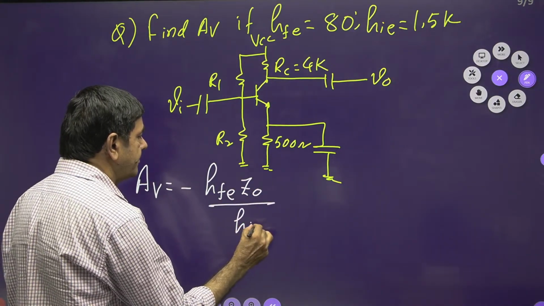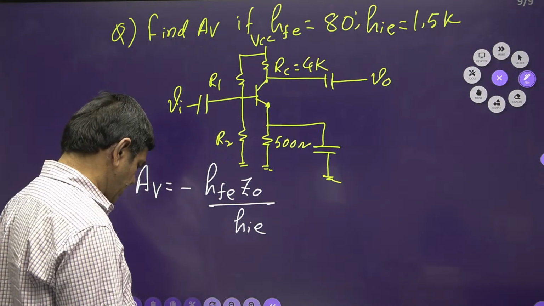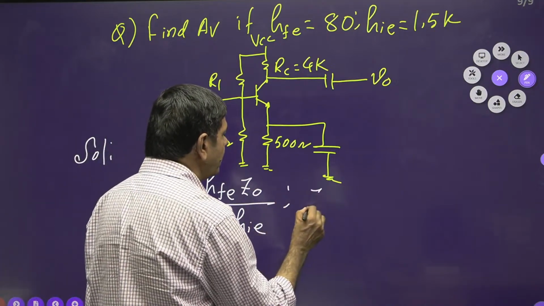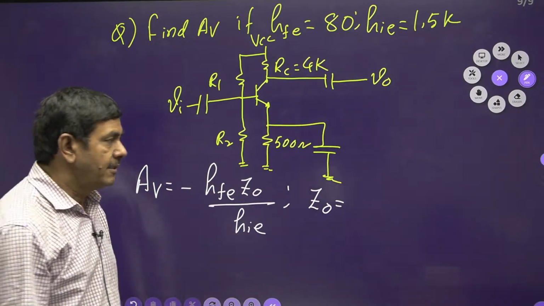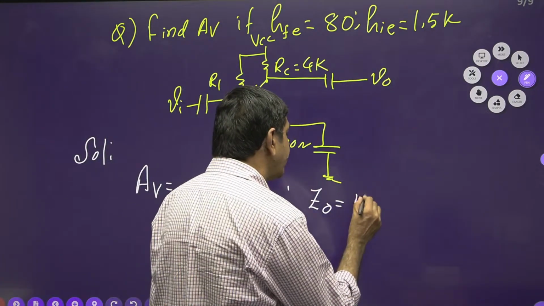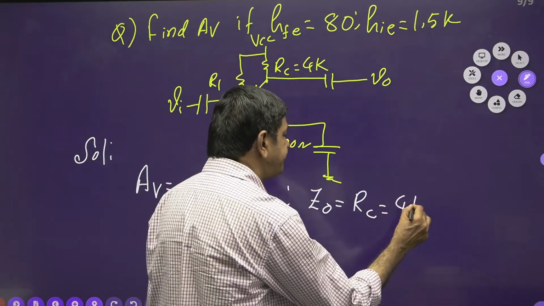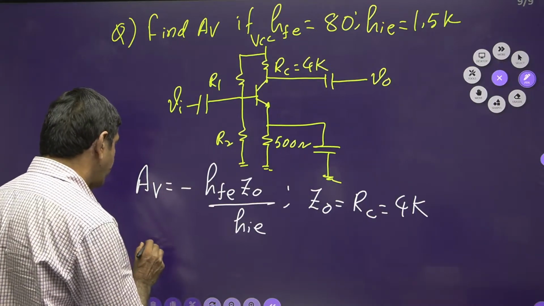That formula is given before. What can I put here for Z0? We got only RC. There is no RL. If you don't have RL, Z0 is to be taken as RC alone. Its value is nothing but 4K. You substitute here now and you will get the voltage gain.